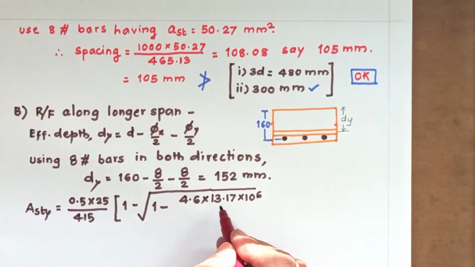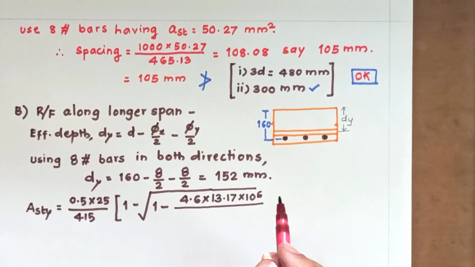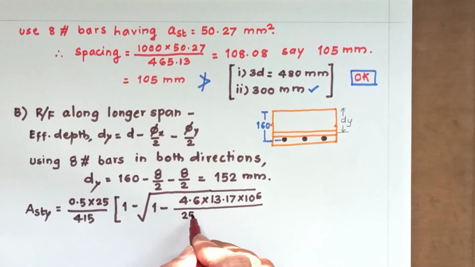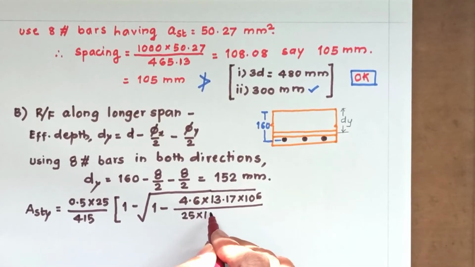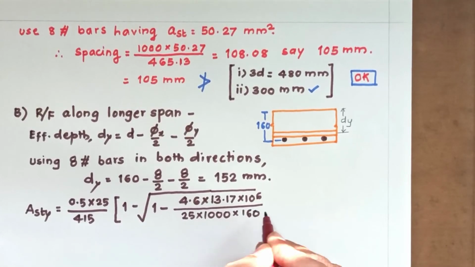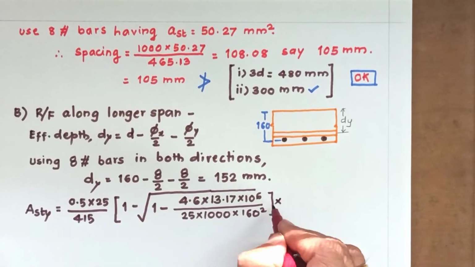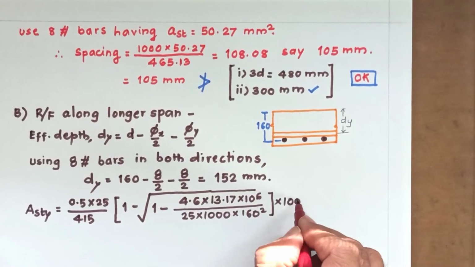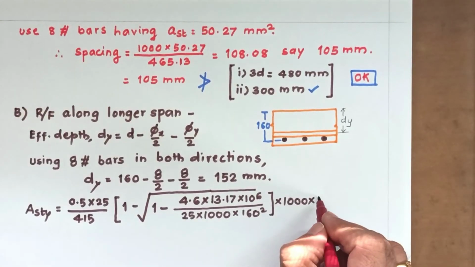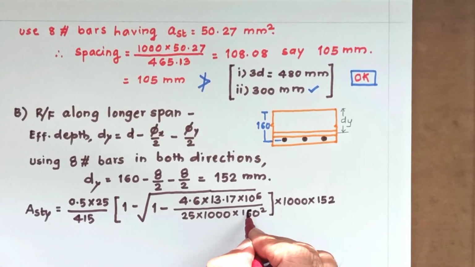Divided by FCK B d square, multiplied by B, that is 1000, into dy, that is 152. Here also it will be 152 square.